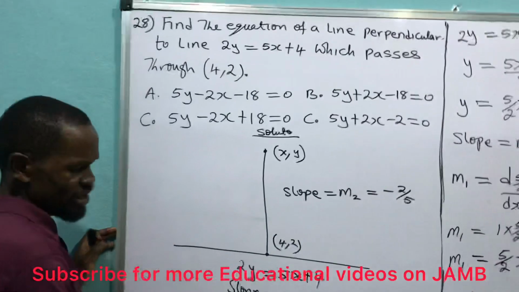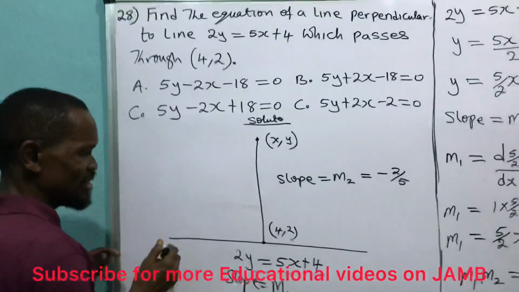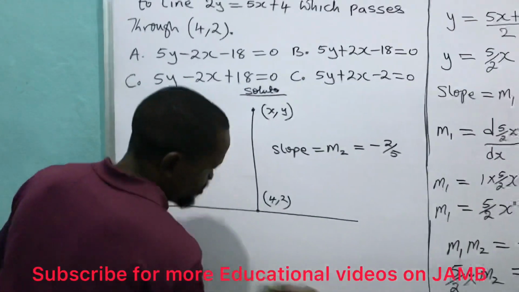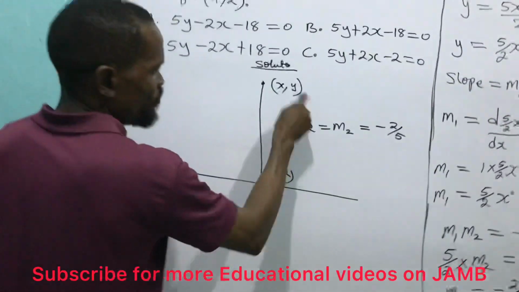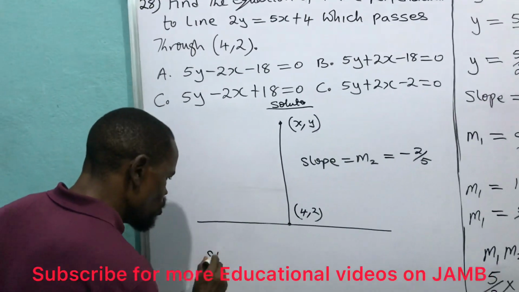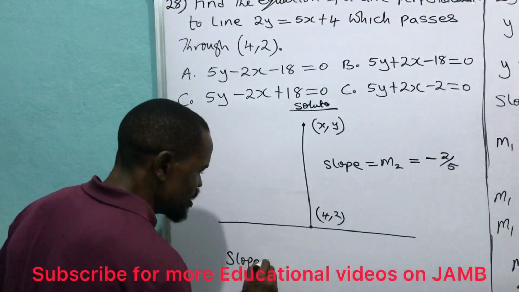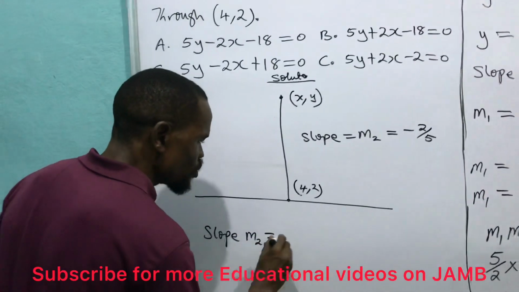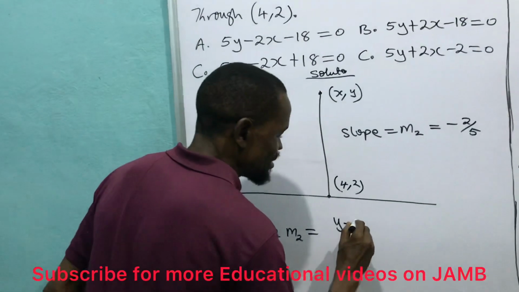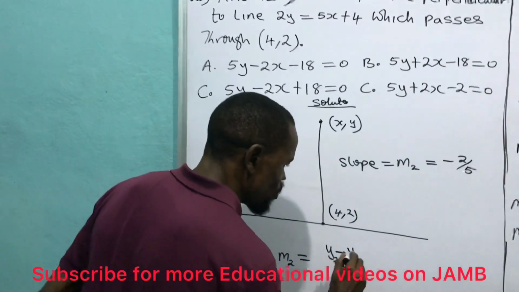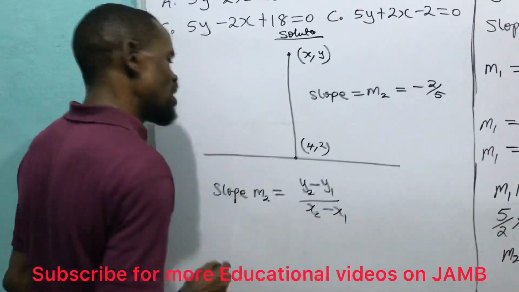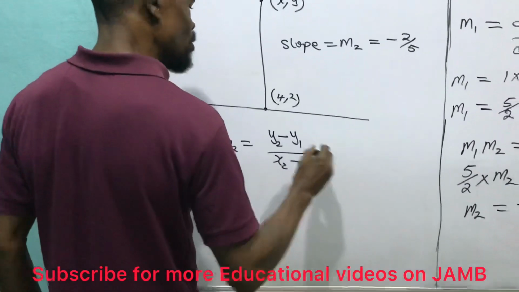The slope of this line cannot be said as m2 equals y2 minus y1 all over x2 minus x1. And what is my y2?